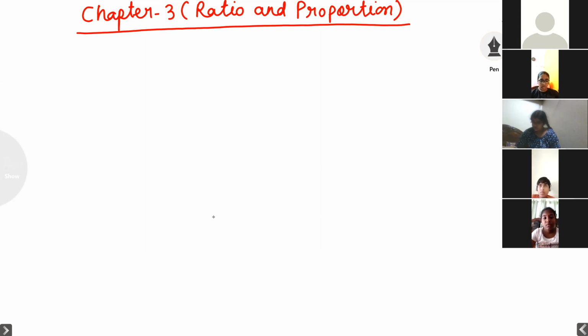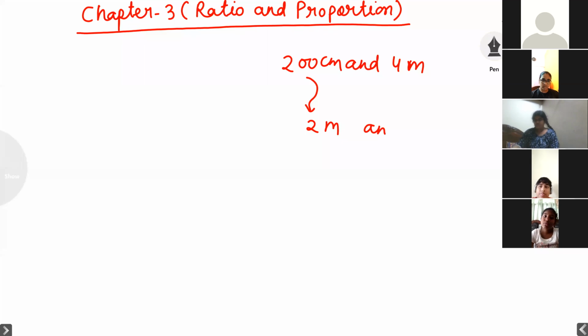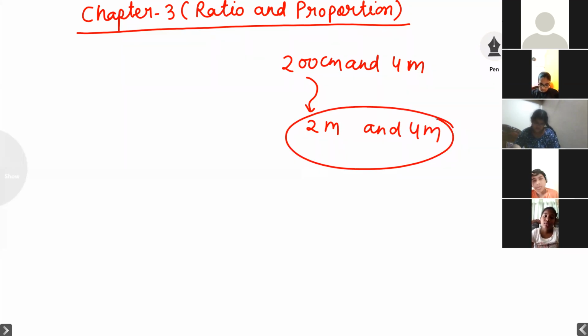If I say 200 centimeter and 4 meter, both units are different. Firstly, we need to convert into the same units. Now 200 centimeter is equal to 2 meter, and 4 meter. Now the units are the same, so we can compare the items or numbers or quantities.